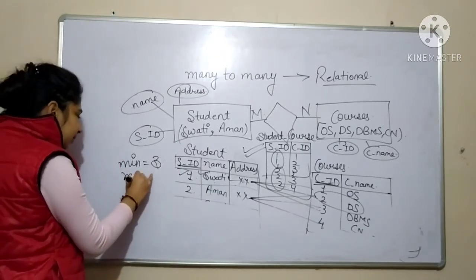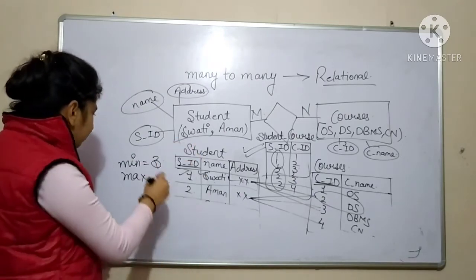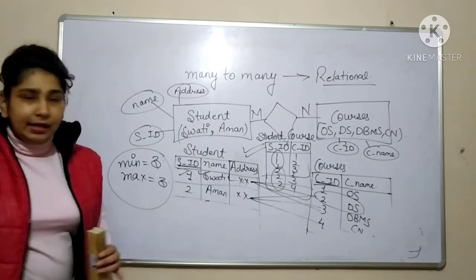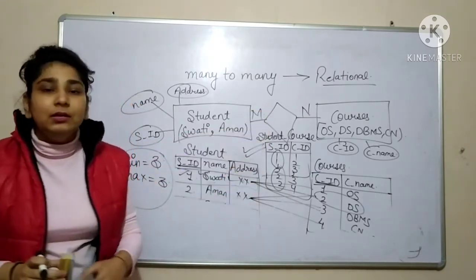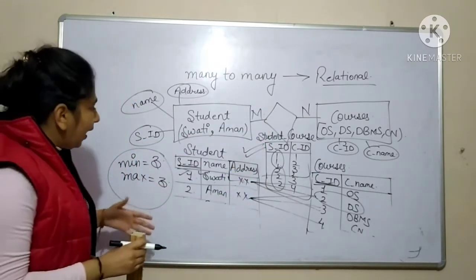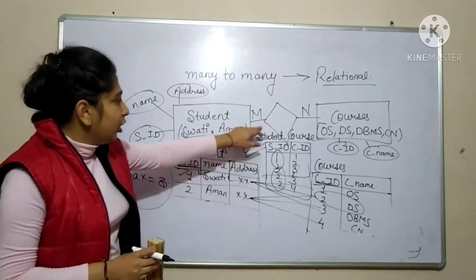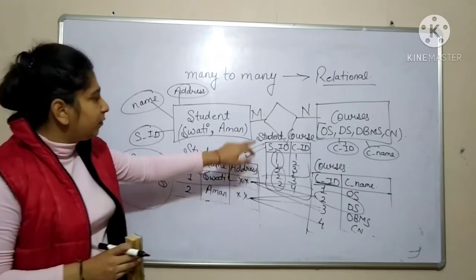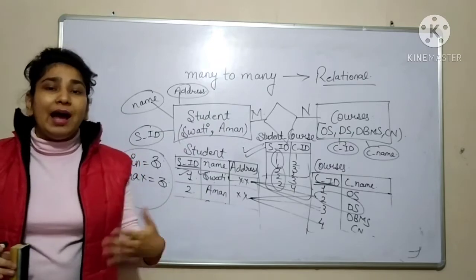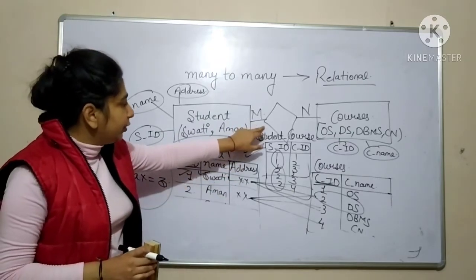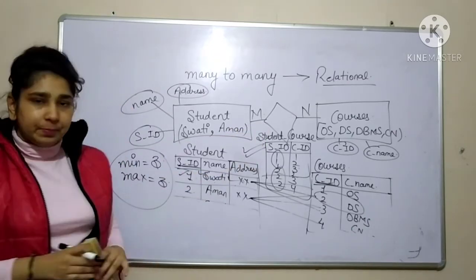Okay, and the maximum number of tables is also 3. In one-to-one and one-to-many, it was not a necessary condition to make a separate table for the relationship. But in many-to-many, it is a necessary condition to make a separate table for the relationship.